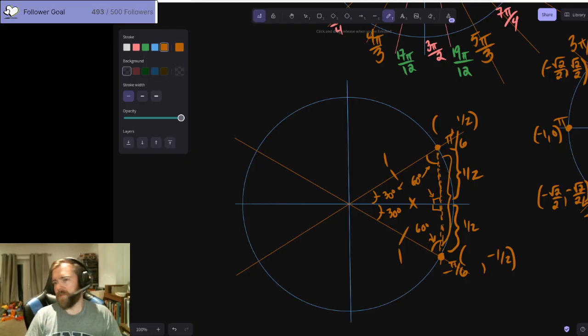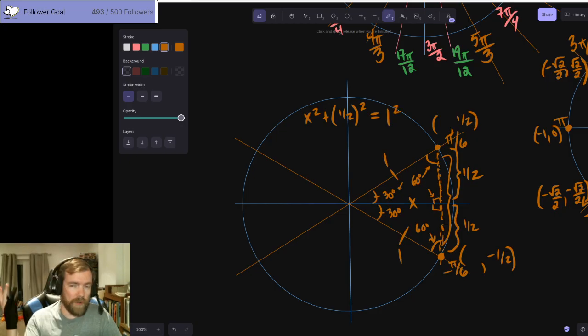So we're going to do the same thing that we did with the 45, 45, 90 triangle. We're going to say, okay, this is going to be x squared plus parentheses a half squared is going to be equal to our 1 squared, the radius. So this is a quarter plus x squared is going to be equal to 1. So x squared is going to be 3/4.